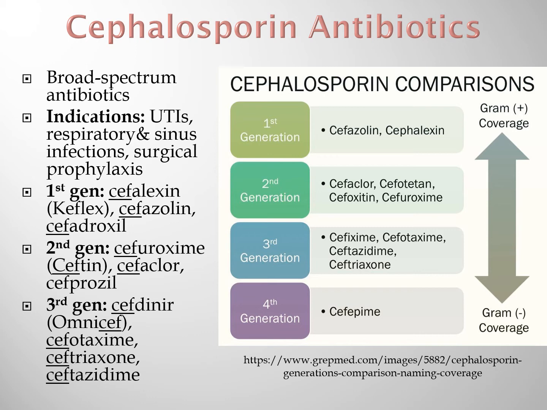The first generation cephalosporins, such as cefazolin that you'll see on the right image there, or cephalexin, they have a lot of what we call gram-positive coverage, meaning they can destroy gram-positive bacteria very effectively.